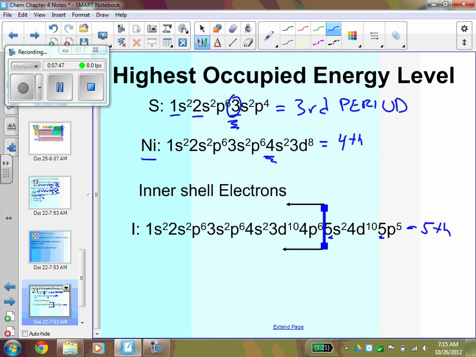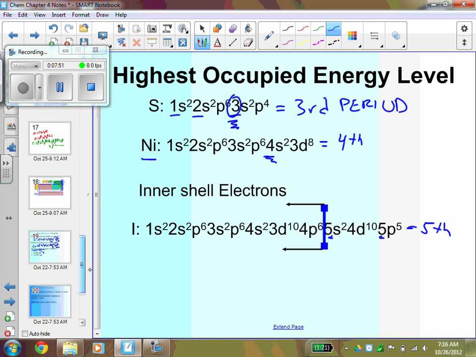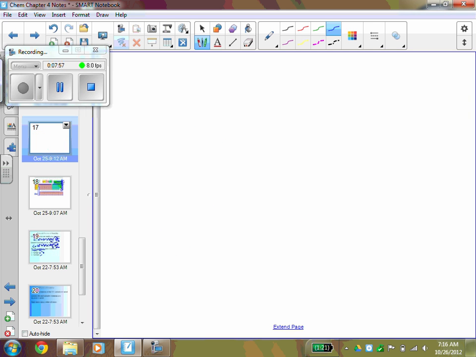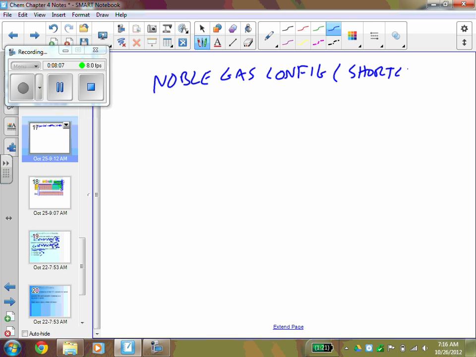Okay? And one last thing we need to talk about, and let's go back to this slide, and that's going to be noble gas configuration. So noble gas configuration is a shortcut. We'll call this the shortcut.